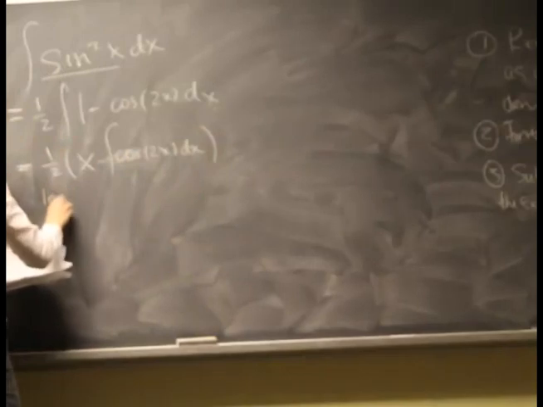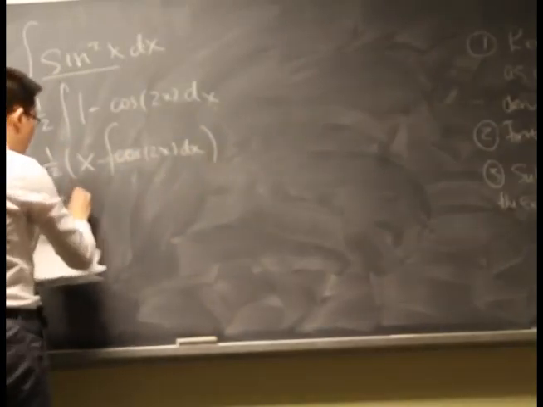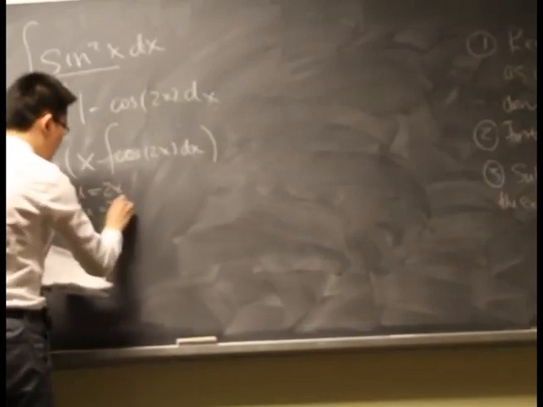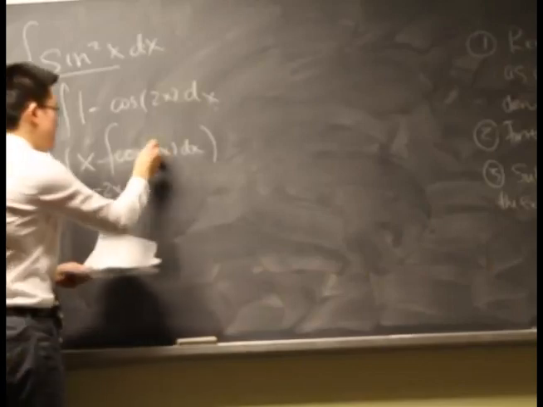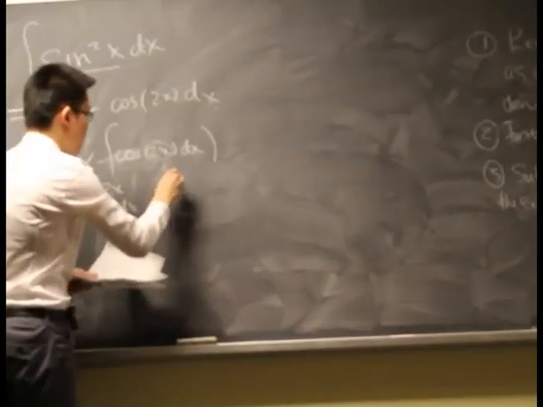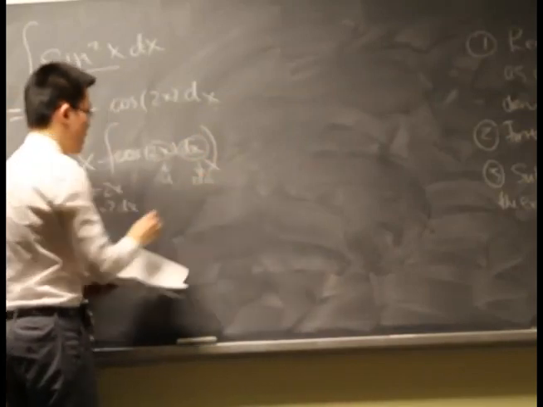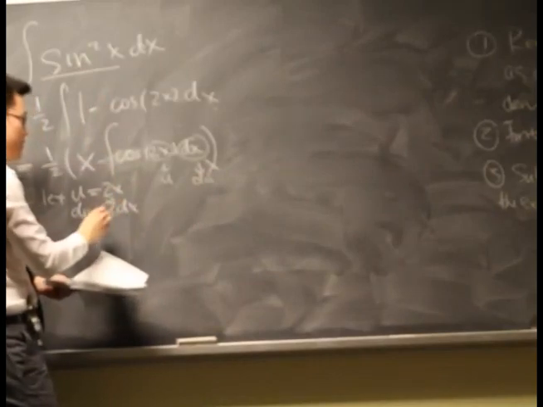We can perform a simple substitution here, or you can directly recognize the answer. That is easy. Let u equal 2x and du equal 2 dx. I think something to pay attention to here is that even if you do the direct substitution, this dx does not directly go to du, and that's because the derivative of u is not 1.